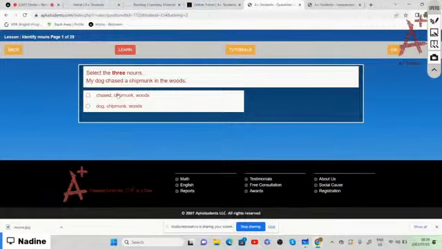Is it chased, chipmunk, woods? Or is it dog, chipmunk, woods? Which option? Is it option one or is it option two? The three nouns that we need to select within the sentence of my dog chased a chipmunk in the woods.